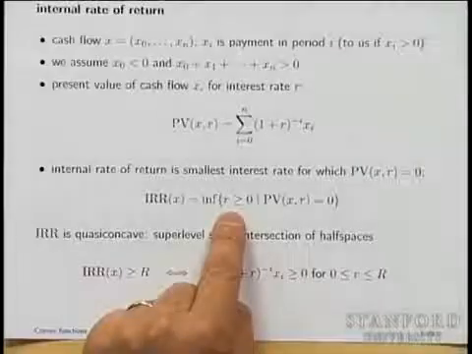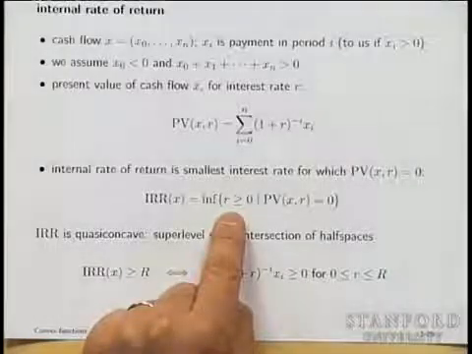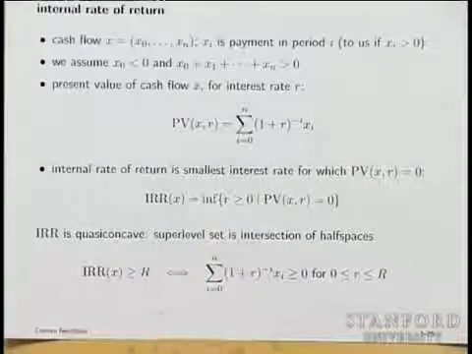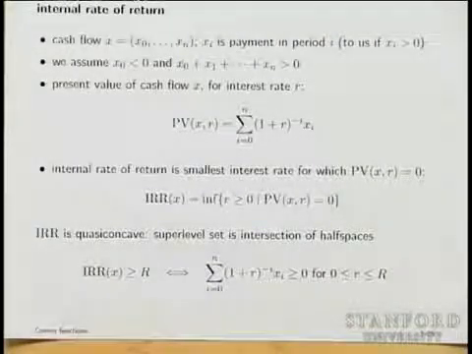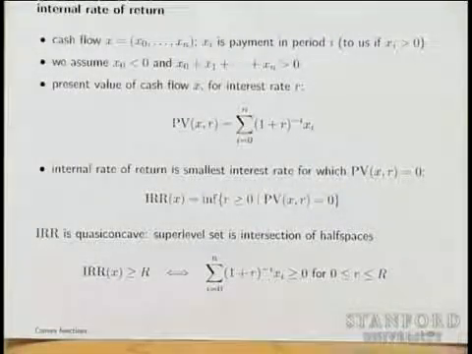Now this is a rather complicated function of x. If you have a whole bunch of different cash flows, it's quite complicated to visualize. The way you would visualize the internal rate of return of a cash flow stream is you really have to form this sum, which is a function of r.